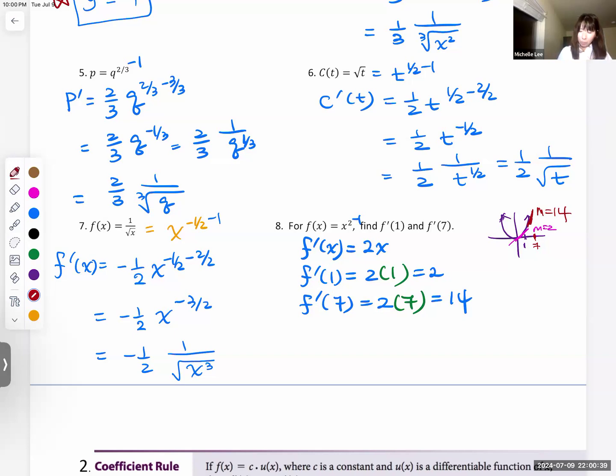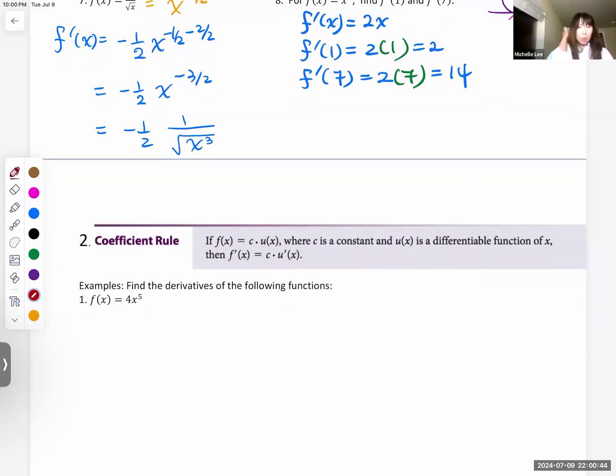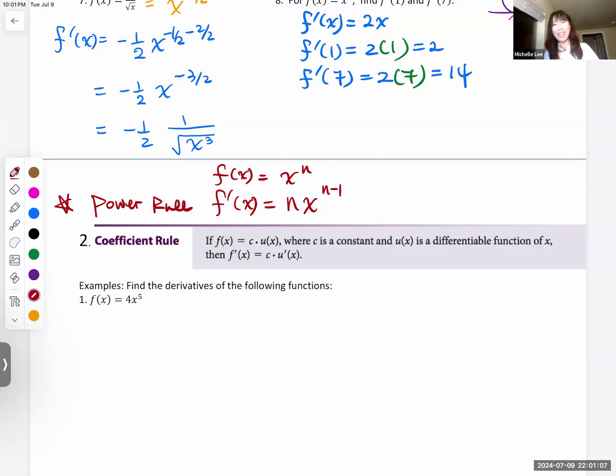Okay, now the coefficient rule. So we had earlier the power rule, right? So the power rule: we have f prime of x equal to n x to the n minus 1, if the function has this form, and for any n, whether positive, negative, or 0, right?